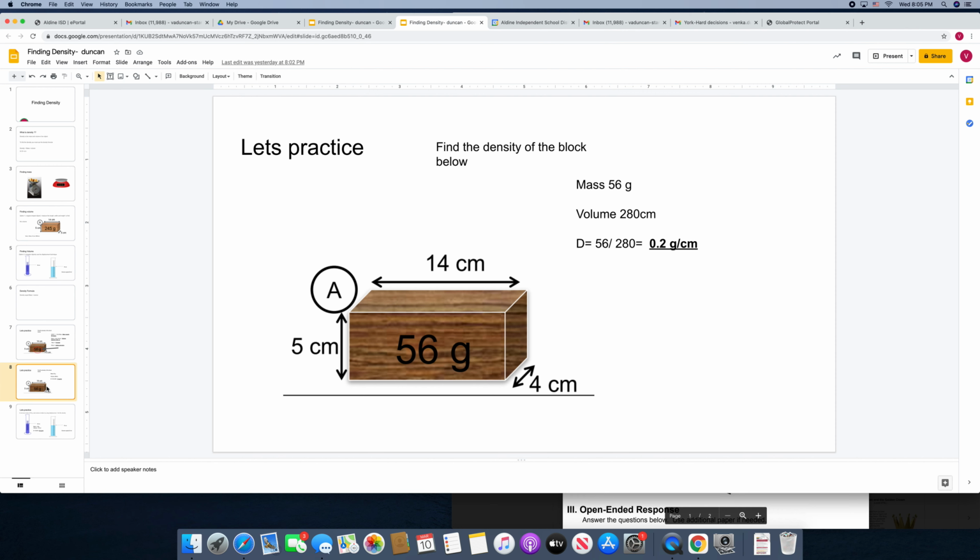If you were to work the problem out, you would see that with a mass of 56 grams and a volume of 280 centimeters, density is going to equal 56 divided by 280, which is going to give you 0.2 grams per centimeter.